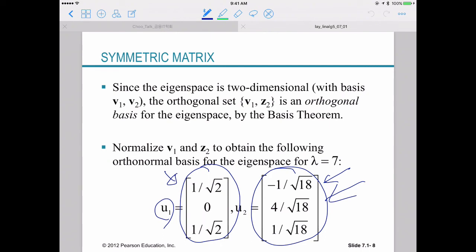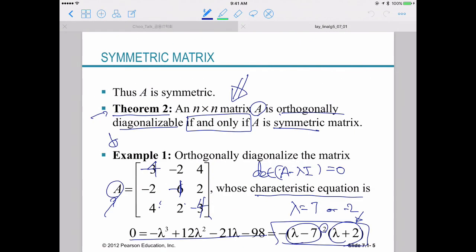Okay, then let me point out one thing. In this process, let's not even think about orthogonality. Let's just think about linear independence. So when is your matrix diagonalizable? When you have n linearly independent eigenvectors.